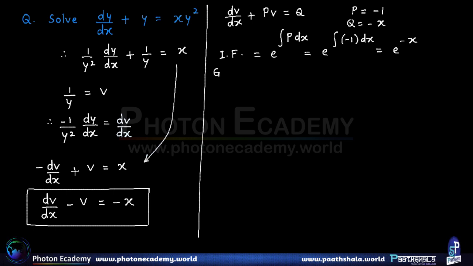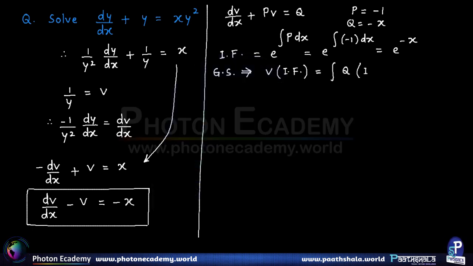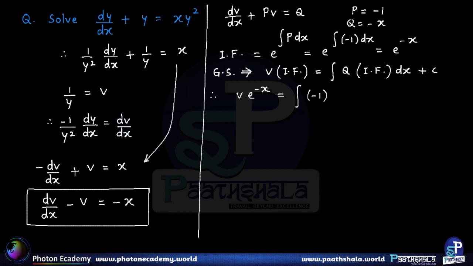Now we know that the general solution is given by, normally we write y, but since it's not y but v, we write v into integrating factor is equal to integral of q into integrating factor integrated with respect to x plus c. So we have v into e raised to minus x is equal to integral of minus 1 into e raised to minus x dx plus c.